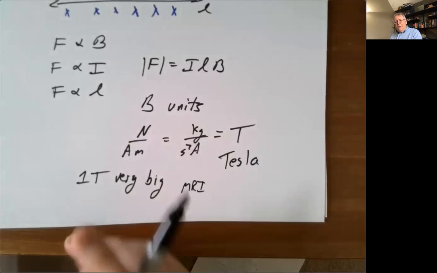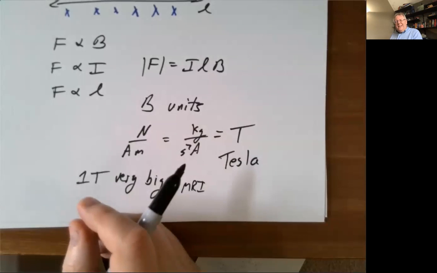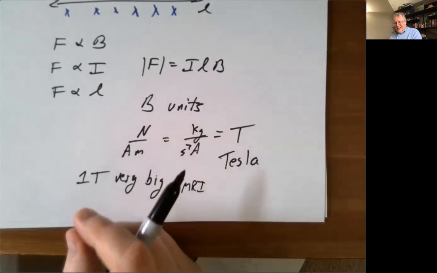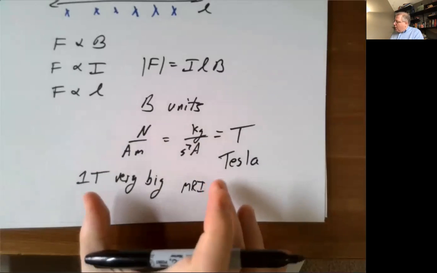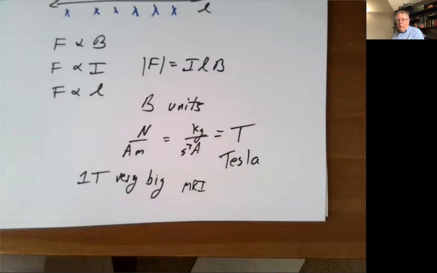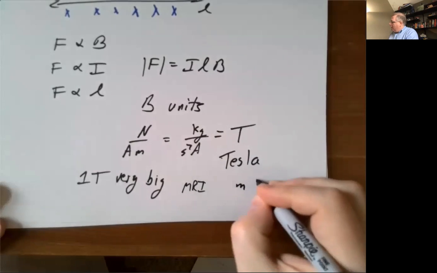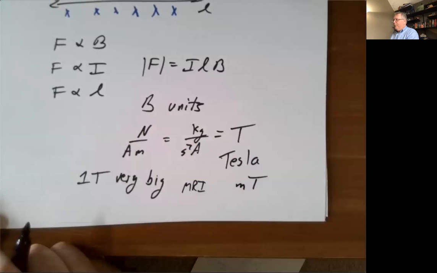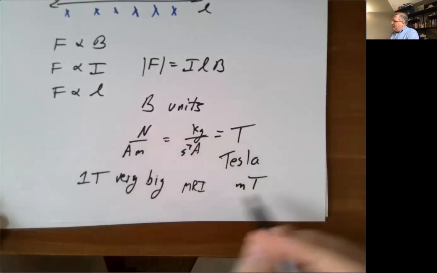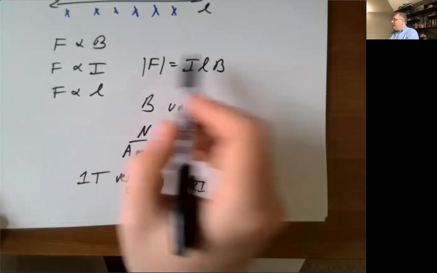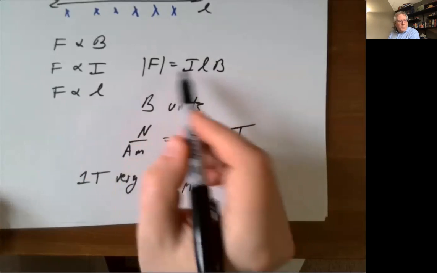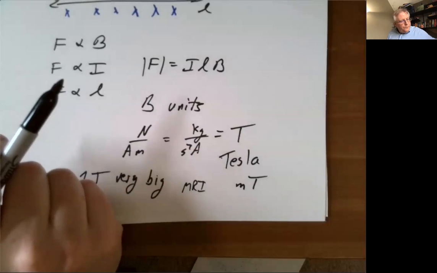The Earth's magnetic field, I think, is like 0.5 millitesla, something like that. So a Tesla is a very, very big field. Normally we'll work with millitesla instead. So if you declare that this is the unit of a magnetic field, now this gives us a way of measuring magnetic field. So this tells us how it works.